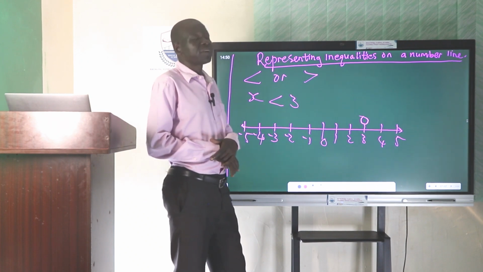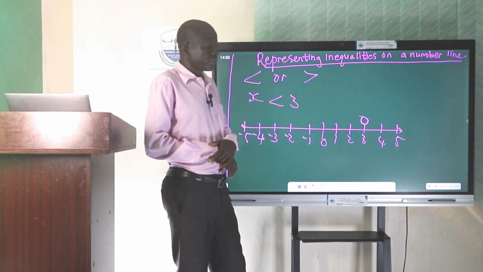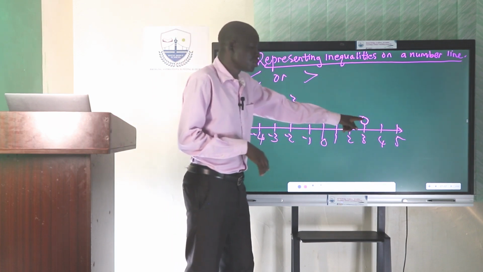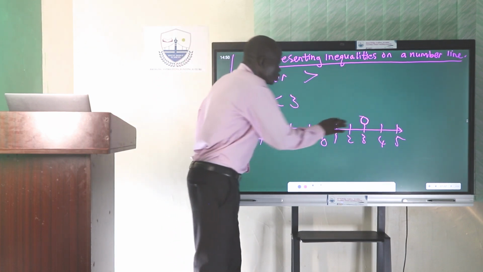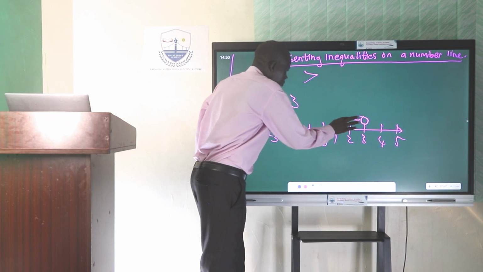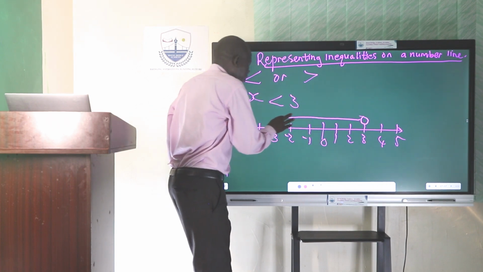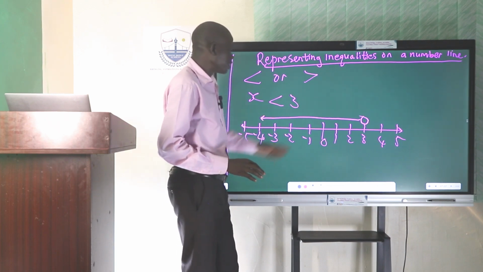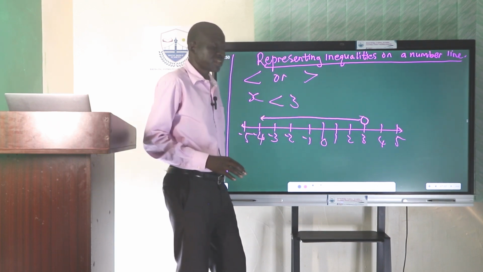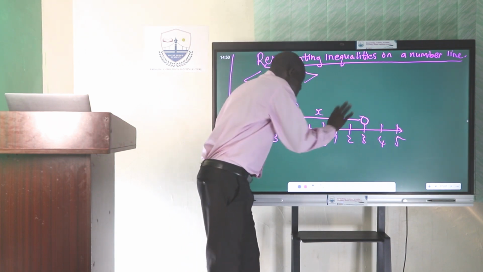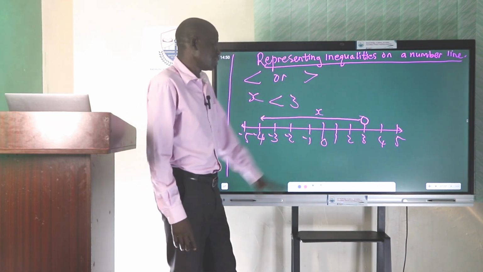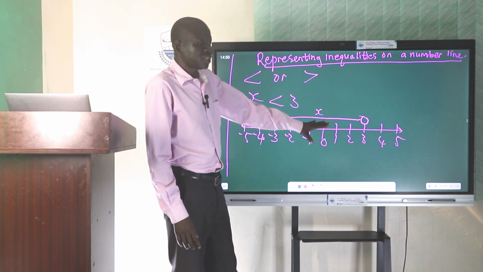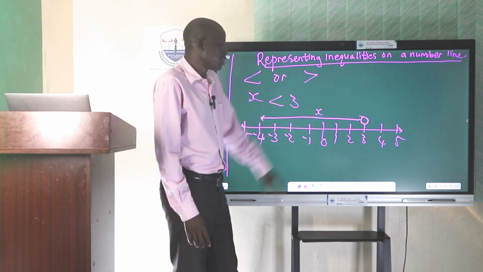Now x is a figure which is less than 3, so from where you have drawn the open circle, you draw a line up to where you want to end. So x exists there, and we have represented that inequality on the number line.